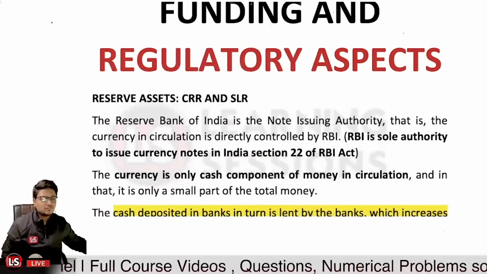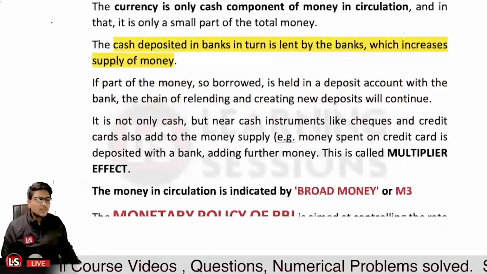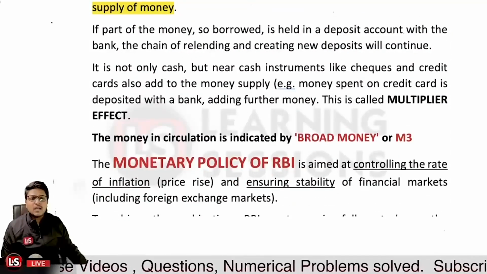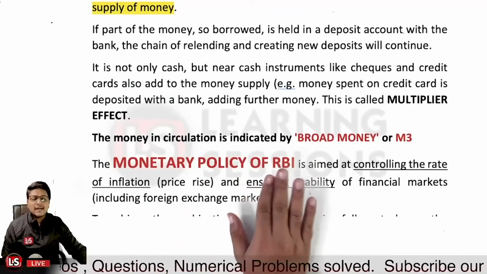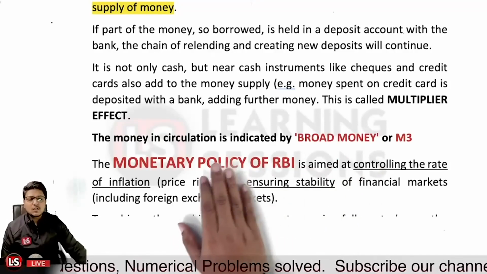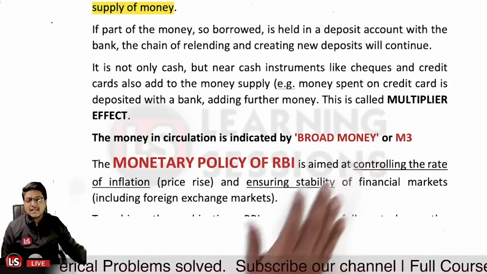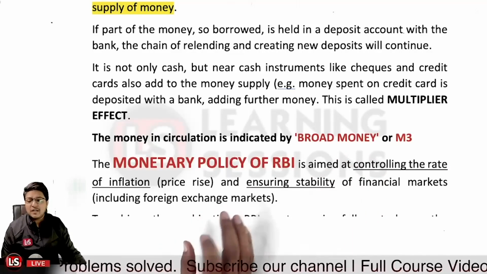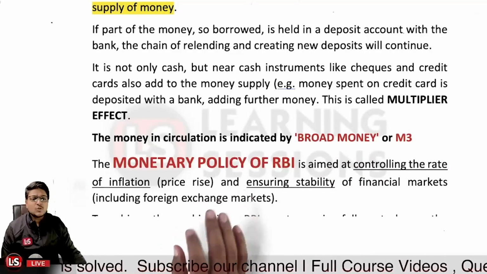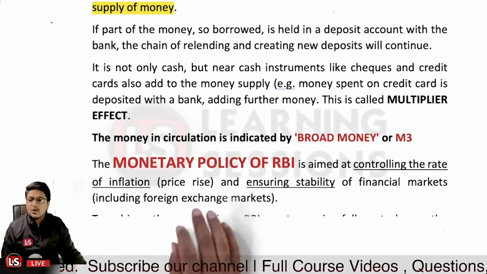Now let us have a look at the function: money in circulation is indicated by the broad money. As I already told you, the Reserve Bank of India has the monetary policy to control the rate of inflation.